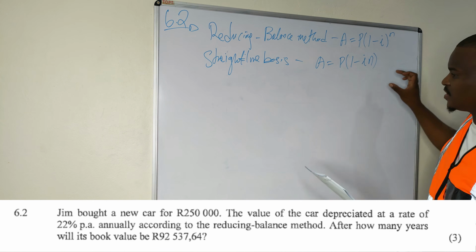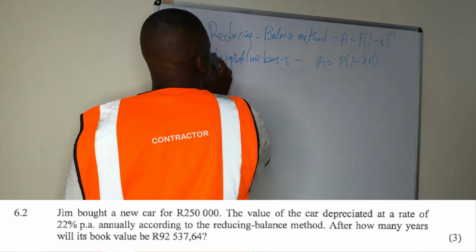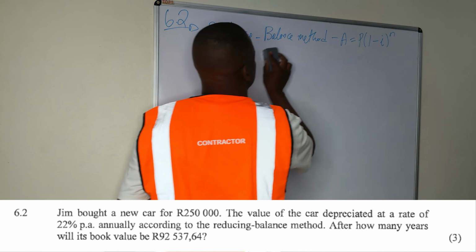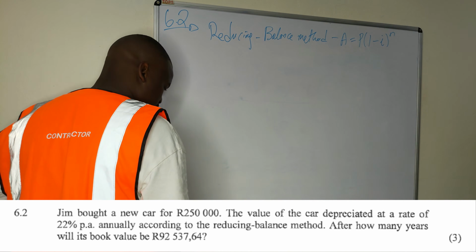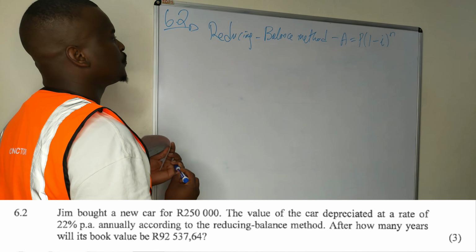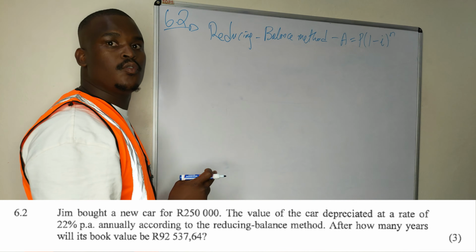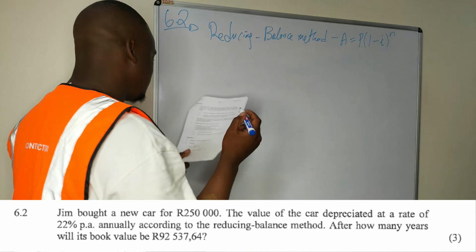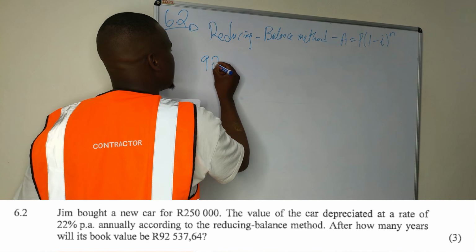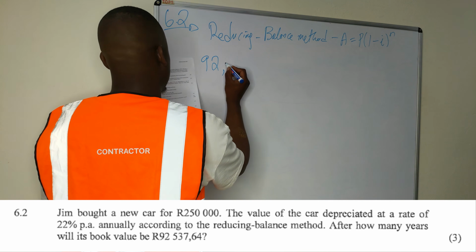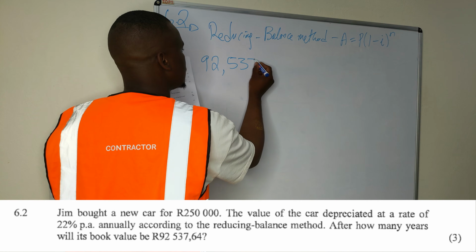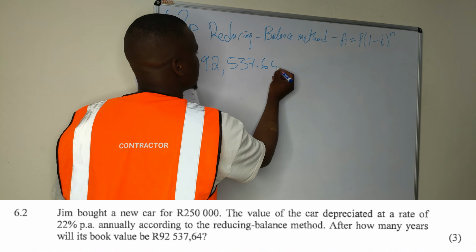Okay, so our A is the current value of our car, which is 92,537 rand 64 cents.